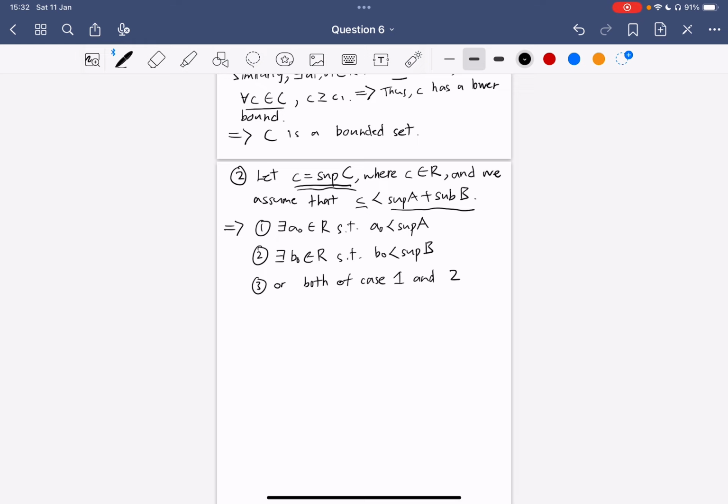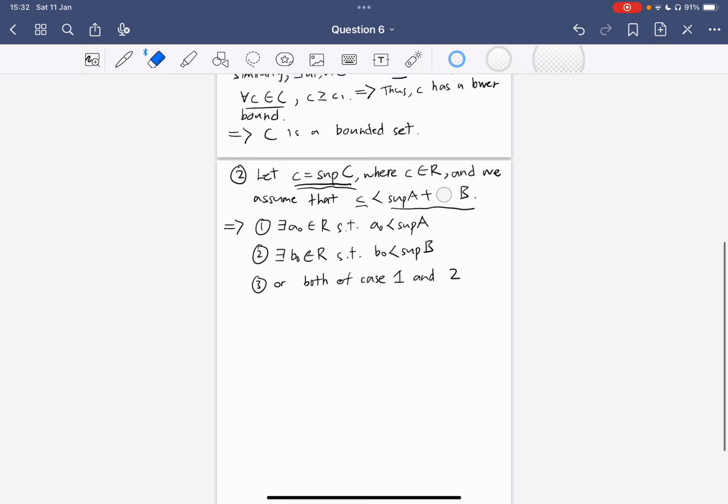And in the first case, A naught would be less than sup A. For the value of c to be lower than sup A plus sup B, then let's say sup B remains the same, then sup A must be lower.